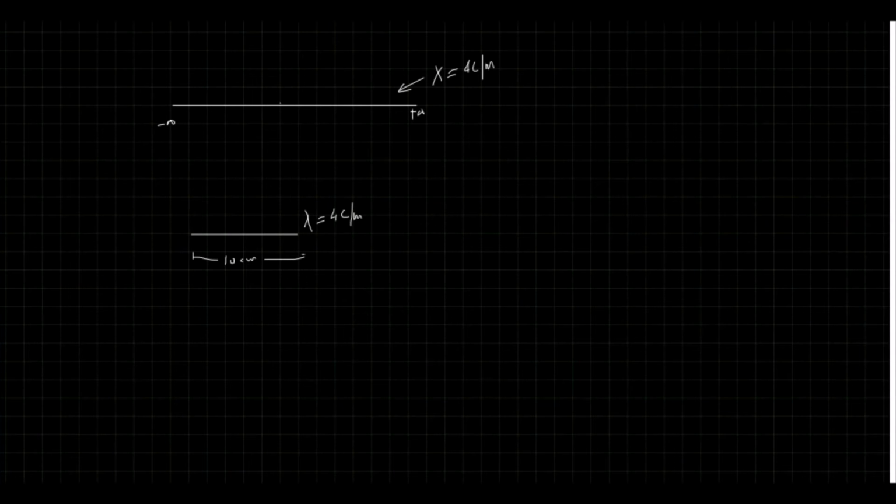And I ask you, what is the electric field at this point P, at 1 meter from here? For this one also I am asking you at 1 meter from here. You see, E would be, in both the cases, 1 by 4 pi epsilon naught into 2 lambda by 1. And what is lambda here? 9 into 10 to the power 9 into 2 into 4 by 1. So that means the electric field will be 72 times 10 to the power 9.